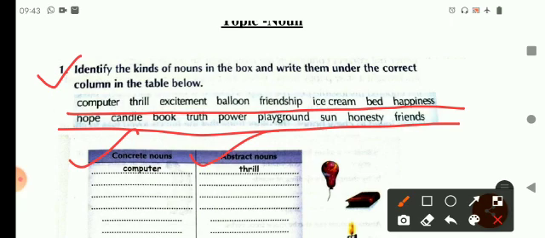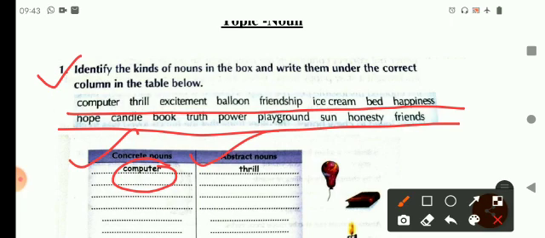One example is already done. Suppose computer is given here. Computer is a concrete noun because you can see the computer with the help of your eyes, that is a sense organ. You can touch the computer. You can feel it with the help of your sense organ. So it will come under the category of concrete noun.